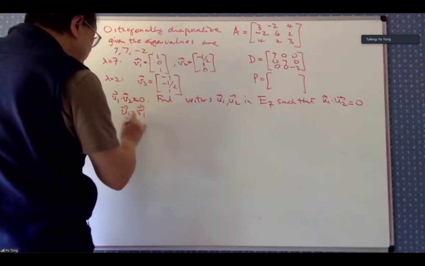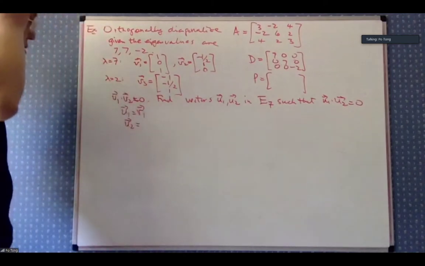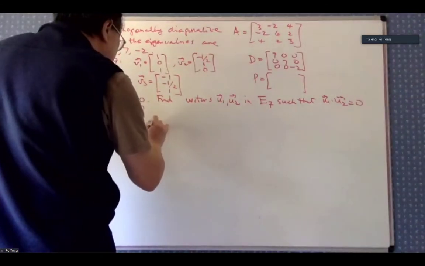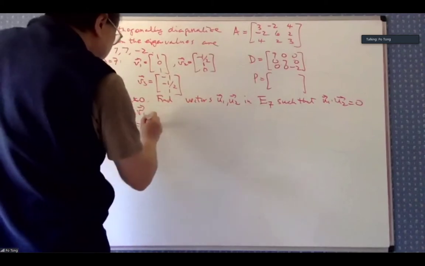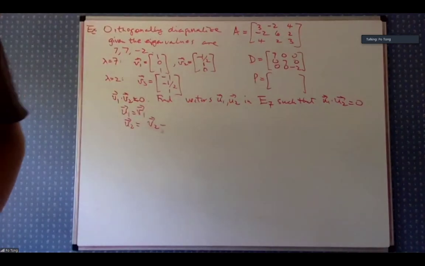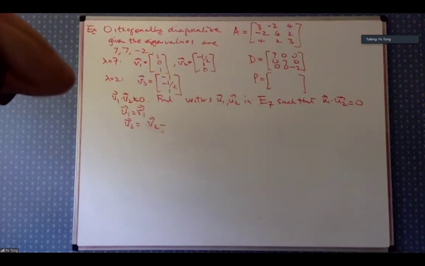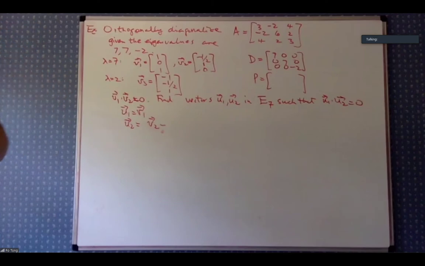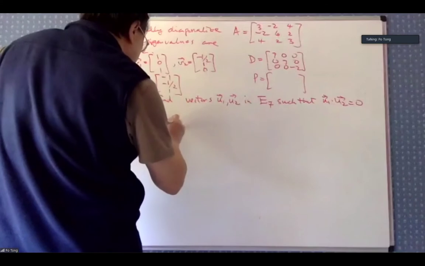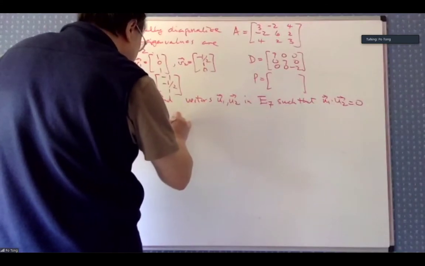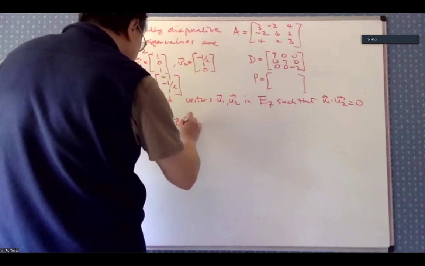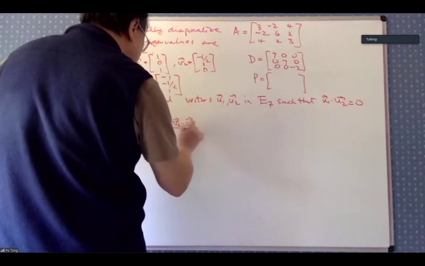And U2 is going to be equal to V2 minus the projection of V2 onto U1.